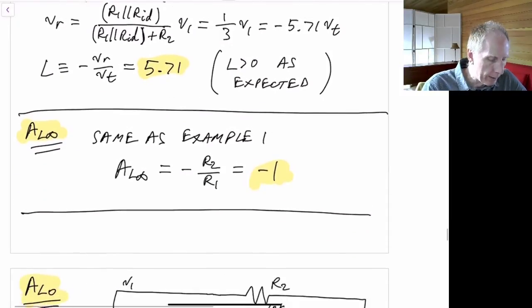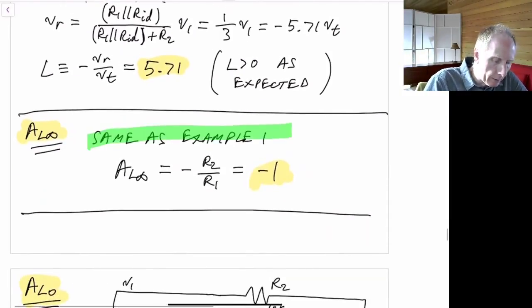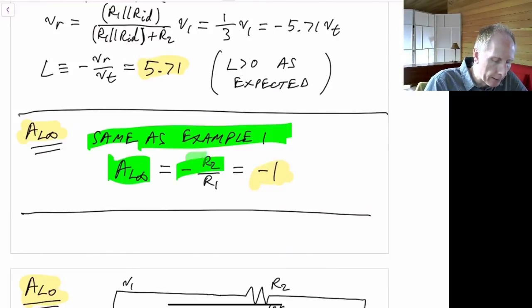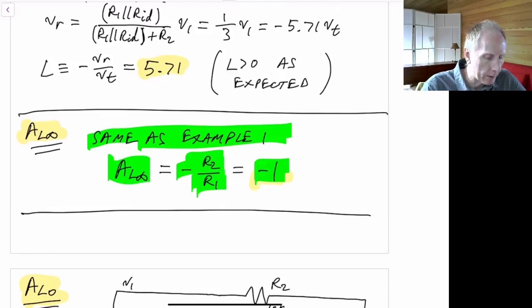For A sub L infinity, it turns out it's exactly the same arguments as we had before. It made no difference that we put in a model for an op-amp here; all the same arguments hold. And so we'll find that A sub L infinity is still minus R2 over R1. And so therefore it's exactly minus 1.